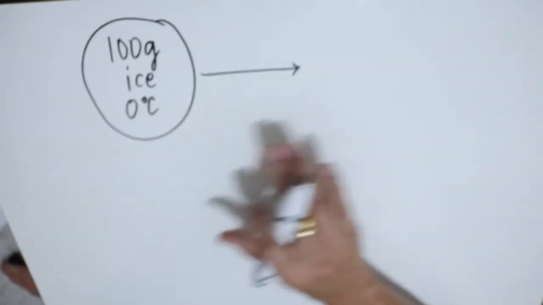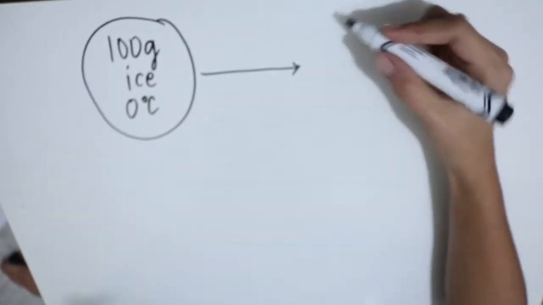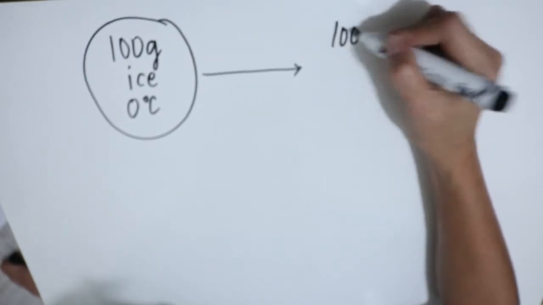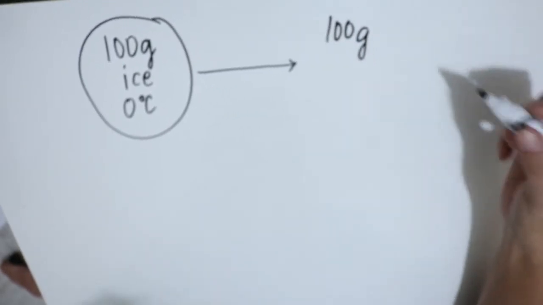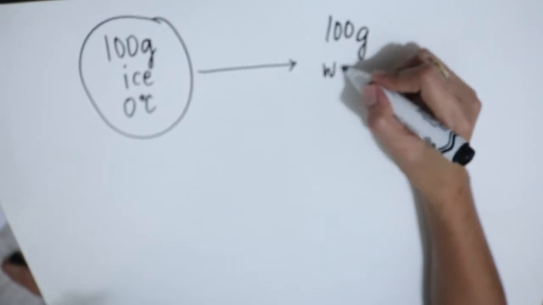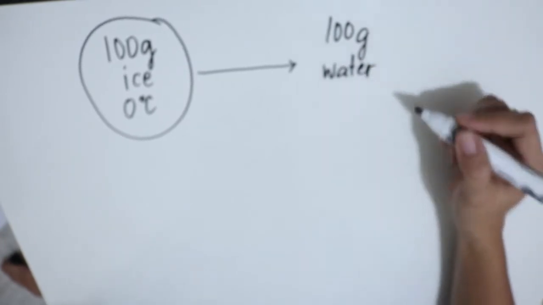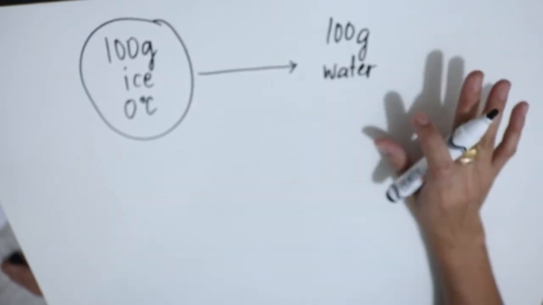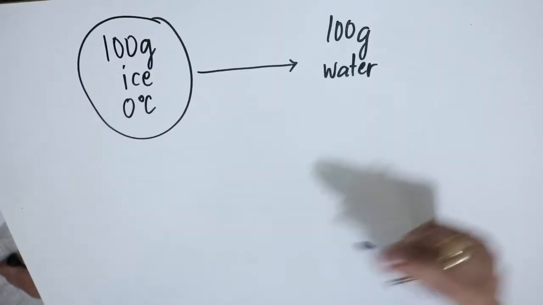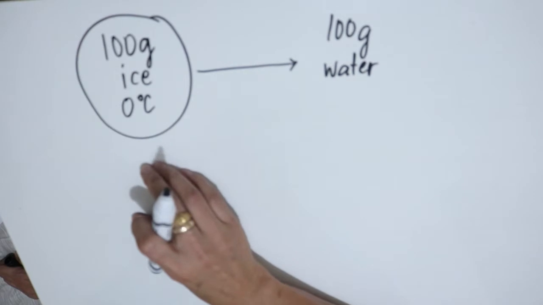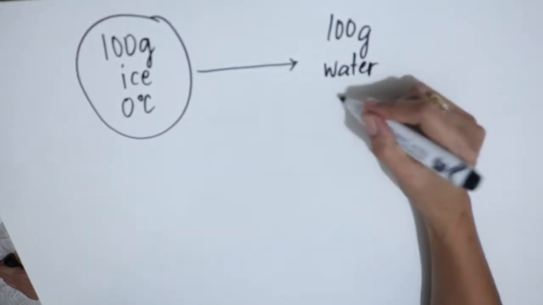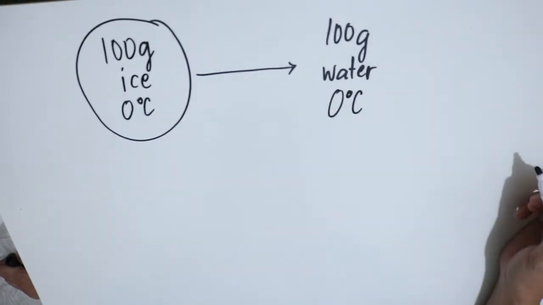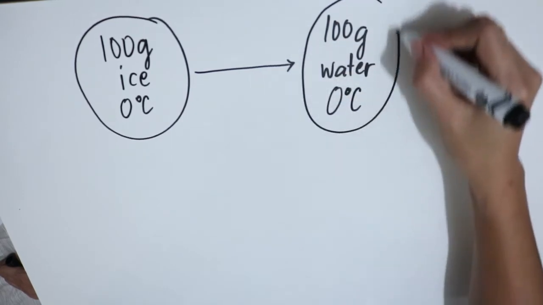From ice, it will change to water. The same mass, 100 grams, will change to water. There's no increase in the temperature here. This is only a phase change. From ice, it changes to water, so the temperature is still at 0 degrees Celsius.